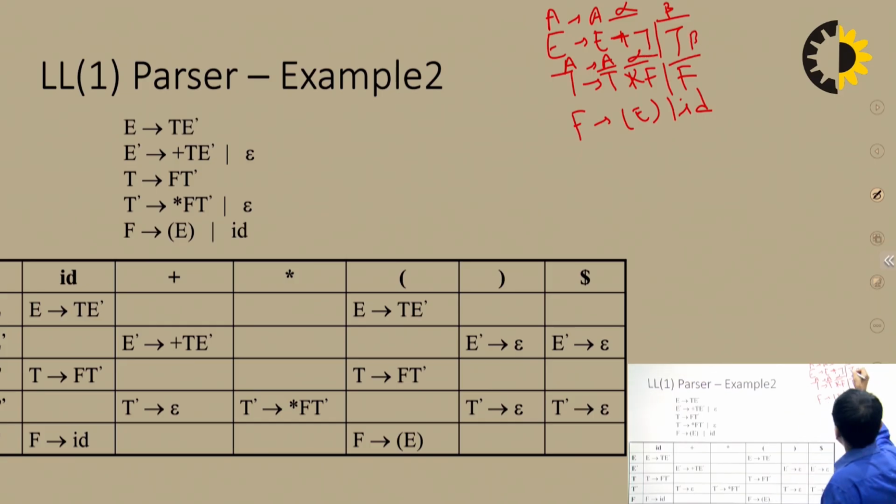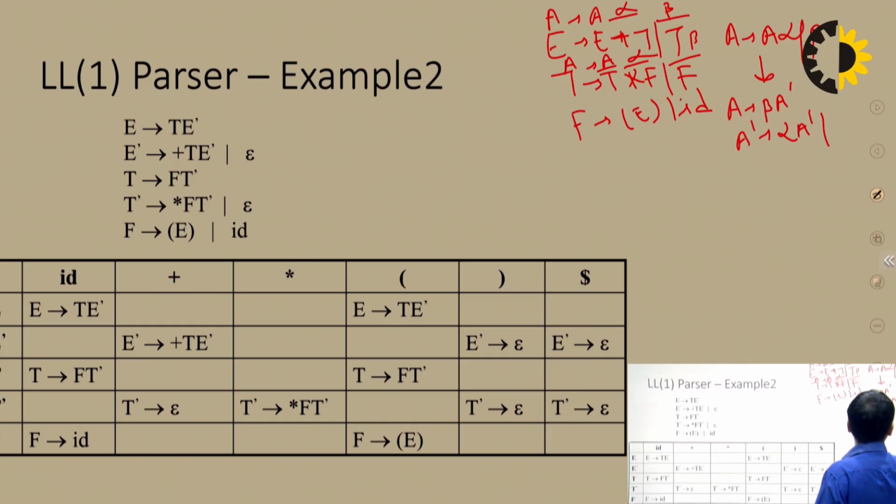So these are two left recursive productions. Firstly, you have to eliminate that. If we eliminate this left recursion, the output grammar is basically A produces beta A dash, and A dash produces alpha A dash or epsilon.